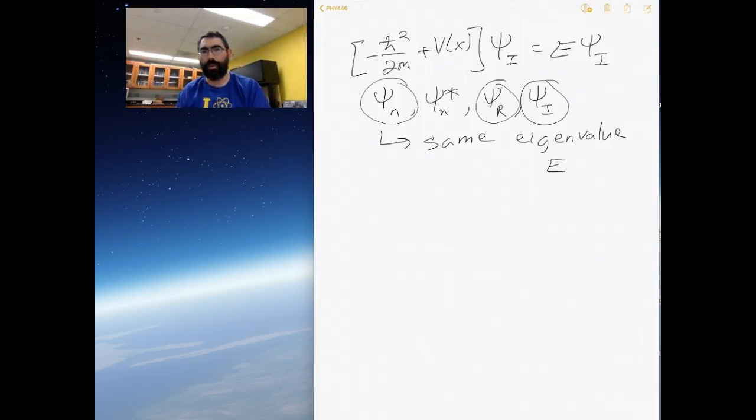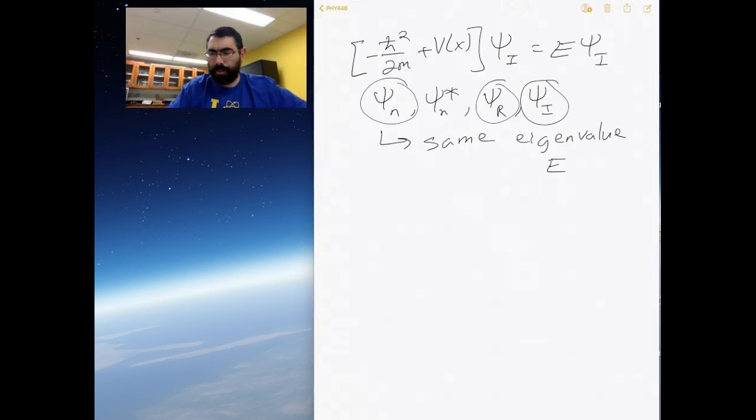So you're going to have one wave function for each energy level, and any other wave function I get out of the solution for that eigenvalue problem is just going to be a phase, some number multiplied by the original wave function I started with.